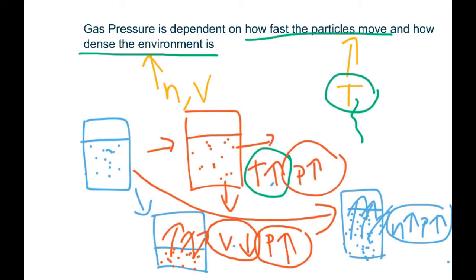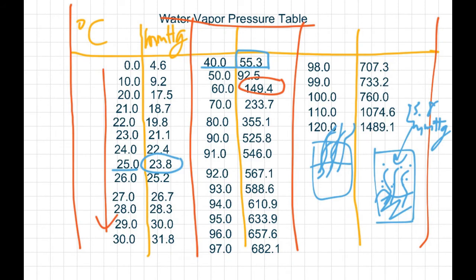Now let's remind ourselves that at a certain temperature, there is a corresponding vapor pressure that it wants to achieve in order to maintain equilibrium. In other words, at a certain temperature, a certain equilibrium water vapor pressure will be present.